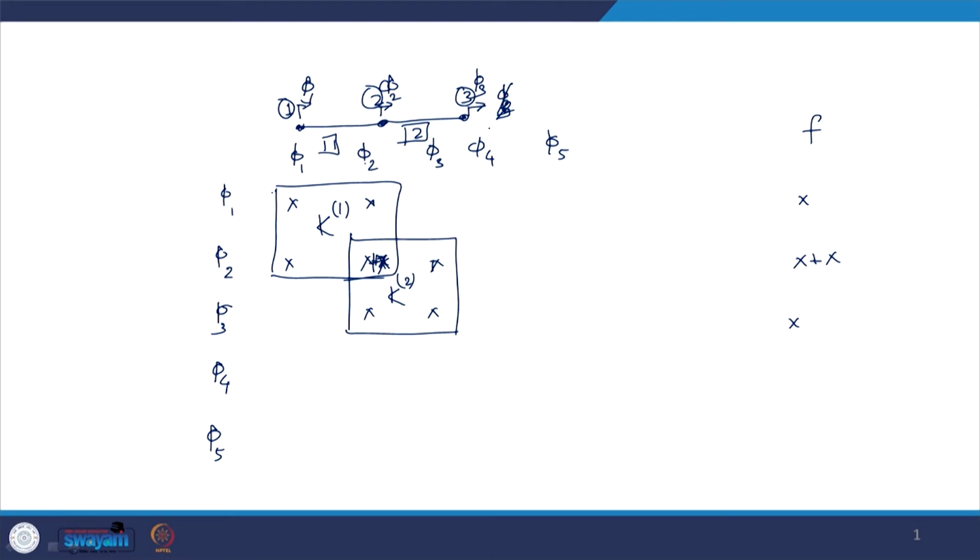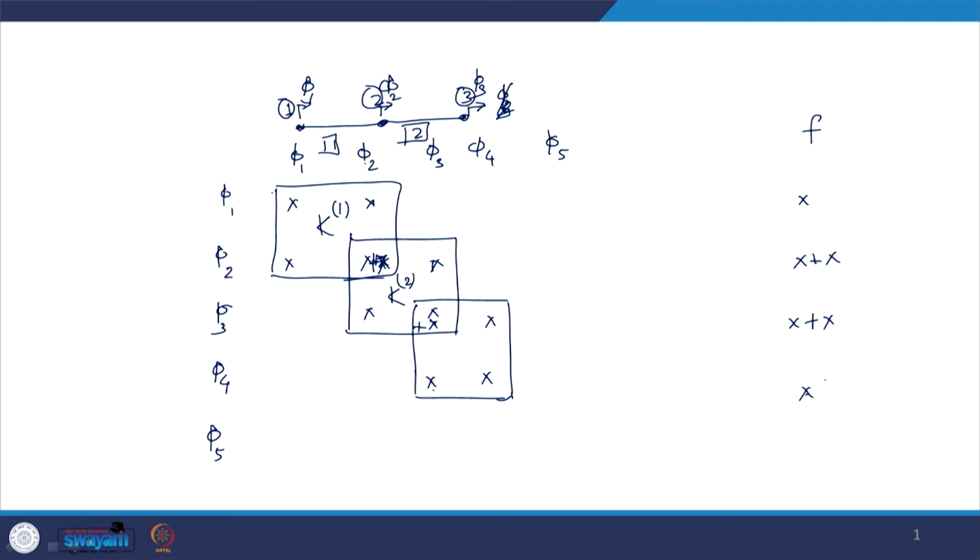Similarly, for element number 3, which is defined by nodes 3 and 4, the common variable is phi 3. So, this term comes from element number 2 and these two terms come from element number 3.